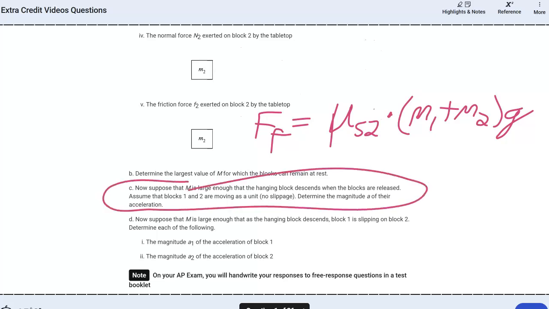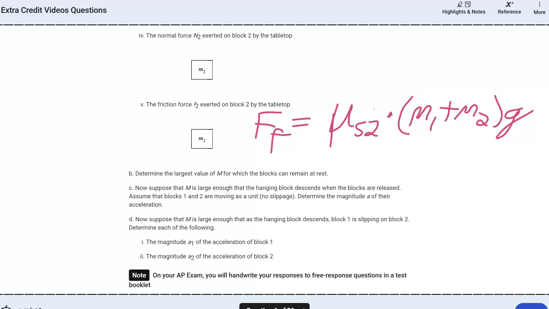Suppose M is large enough that the hanging block descends when the blocks are released, so they're not at rest anymore. That's very important. It's a big development. Oh, I'm sorry. Determine the largest value of M for which the blocks can remain at rest.